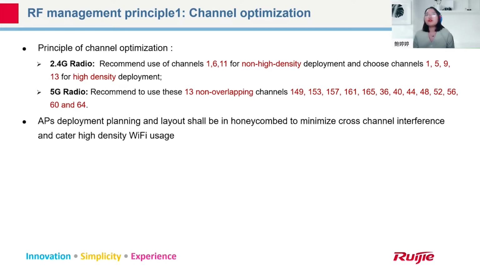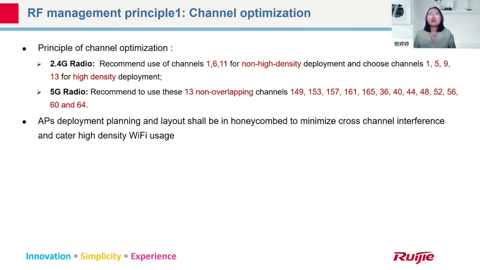But pay attention, if you use these channels, maybe we have to change some parameters because these channels have a little overlap band. So you have to change some parameters to reduce the bandwidth. Okay, so this is the 2.4 gigabit.